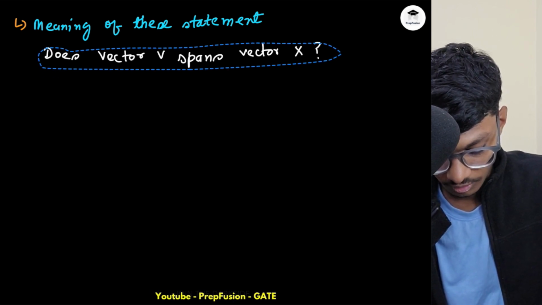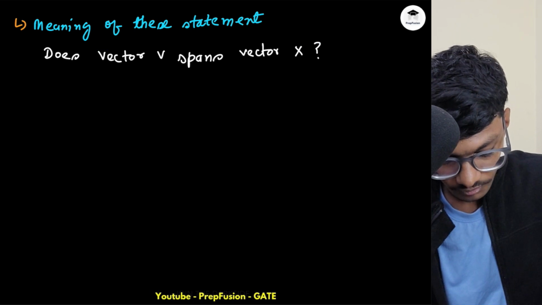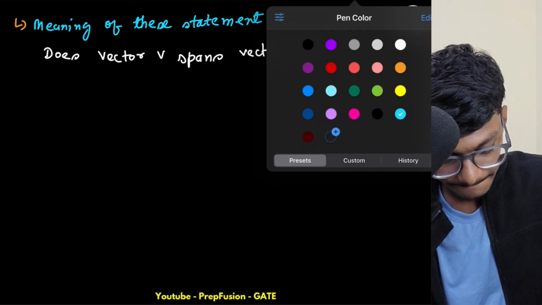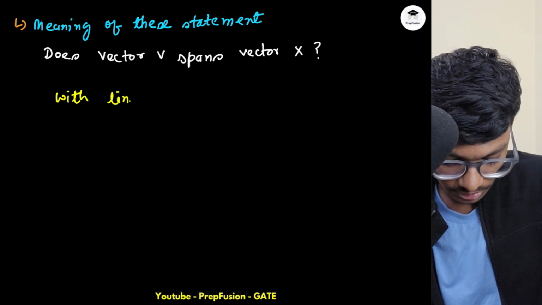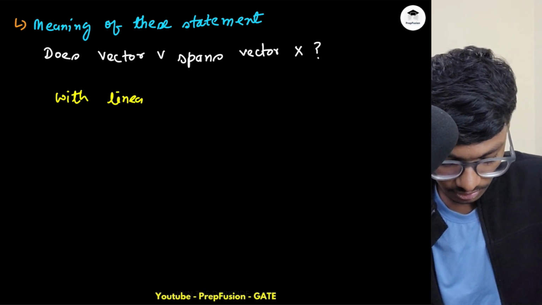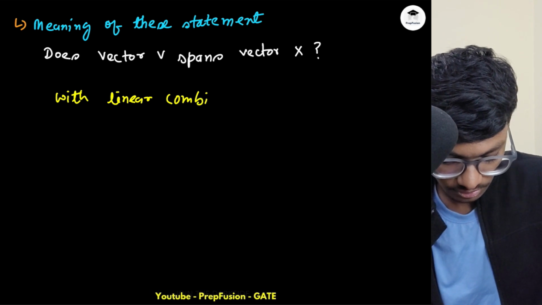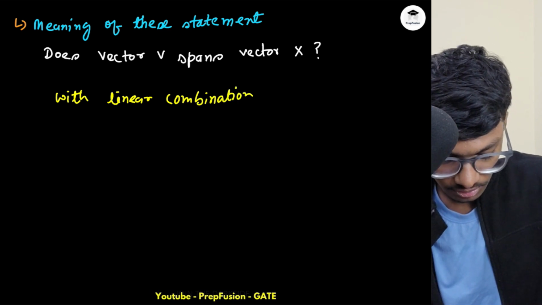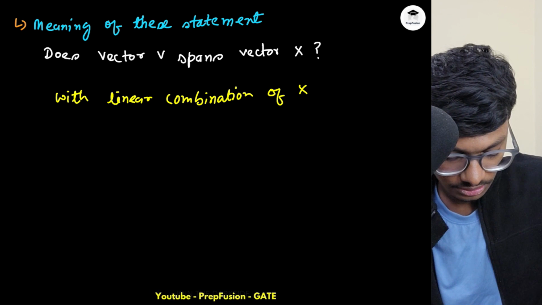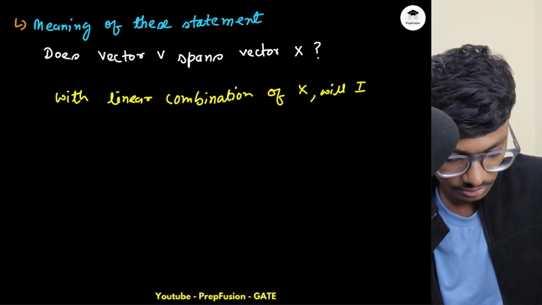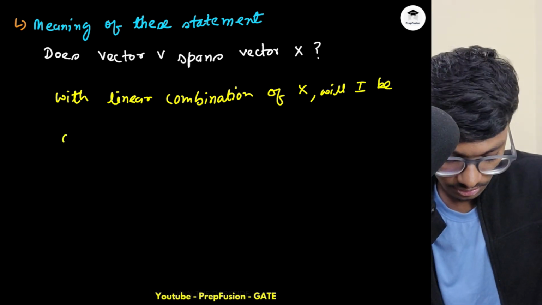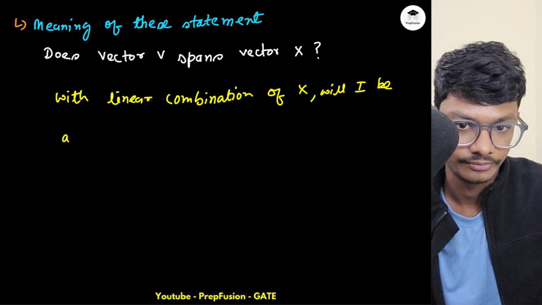Okay, so what does this mean? That means with a linear combination, will I be able to produce my vector x? Will I be able to produce, not my vector, my vector space V? Just hold on a second, let me check if everything is recording right.